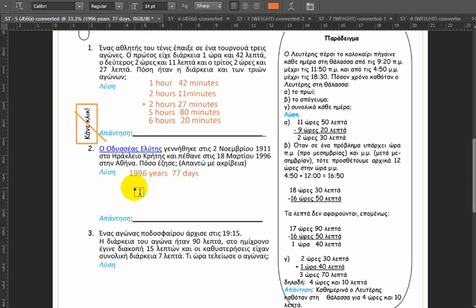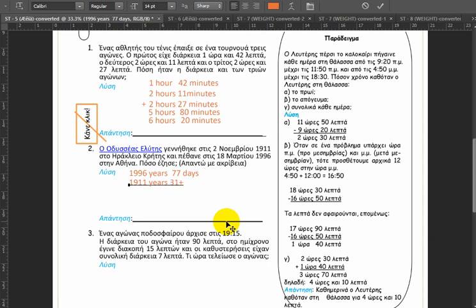And then for the date of birth, I have 1911. That's the year of birth. And we have the 2nd of November.